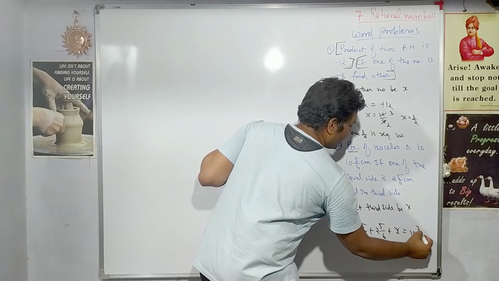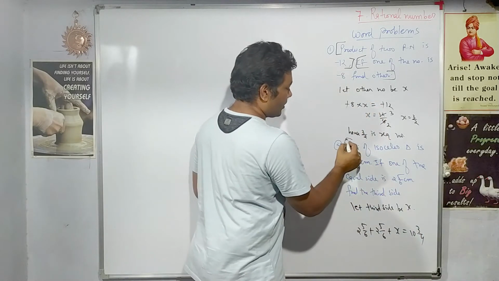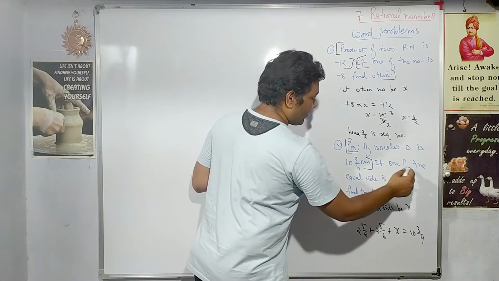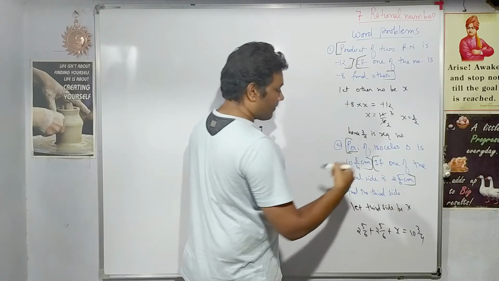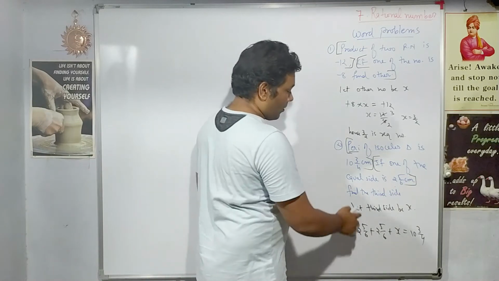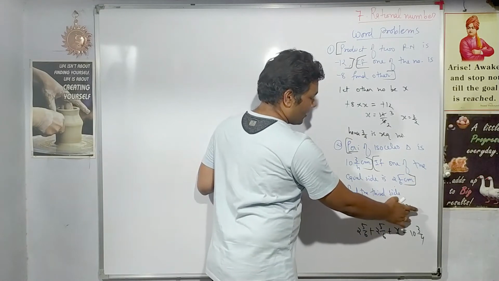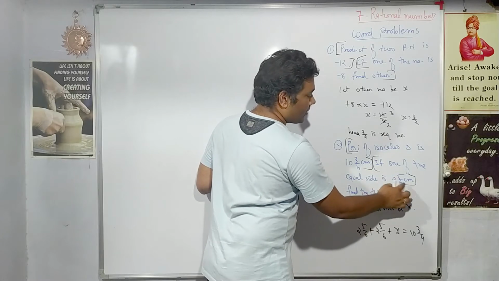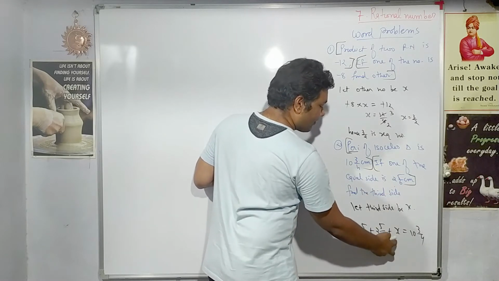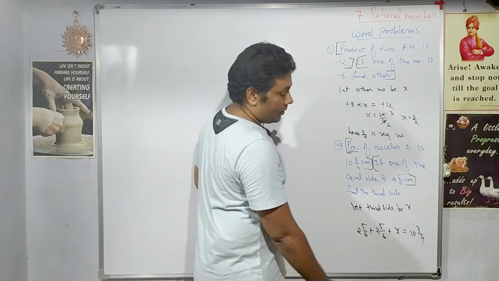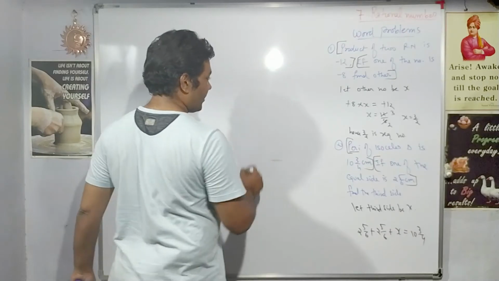And what is the perimeter of the three sides? 10 integer 3 by 4. Just like the above question, here also the perimeter is given, then one of the equal sides, and then find the third side. So we assume the third side as x and the two equal sides are 2 integer 5 by 6. Perimeter means the sum of all the sides, and this we should get as 10 integer 3 by 4. So let us solve this equation.